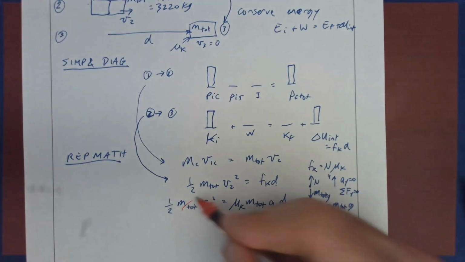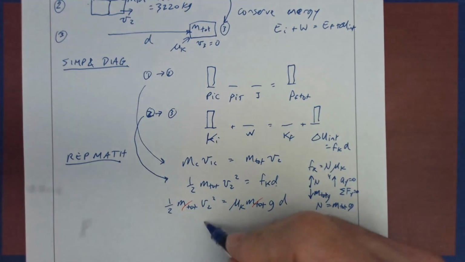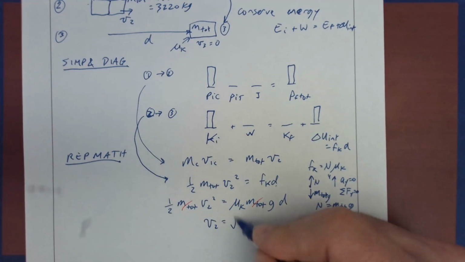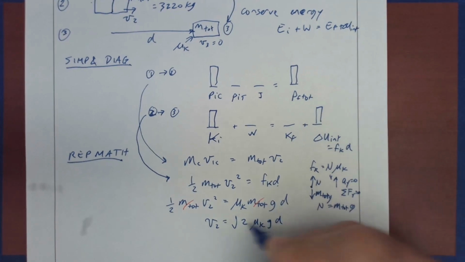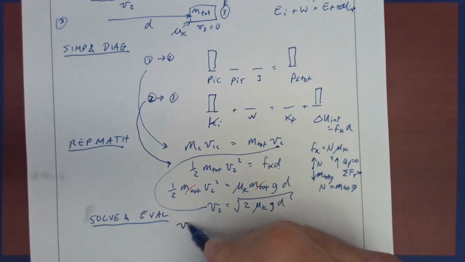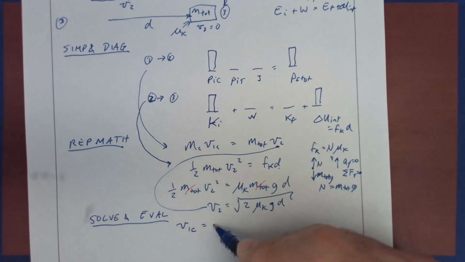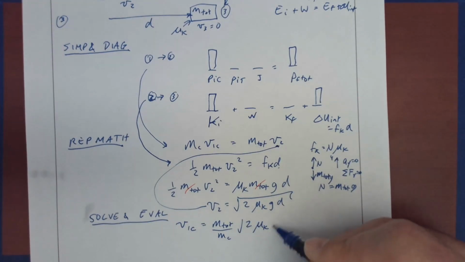And you can cross out the m total on both sides of that energy equation to solve for V2. V2 is going to end up being the square root of 2 times mu sub k times g times d. And we're going to sub that back into here, which is to say that V1 of the car is equal to m total divided by the mass of the car times this V2, square root of 2 times mu sub k times g times d.